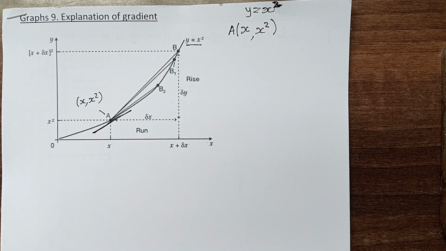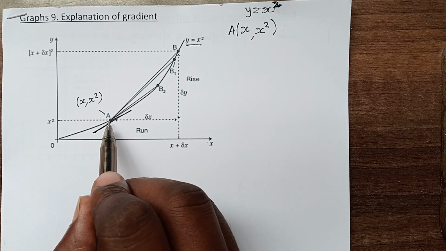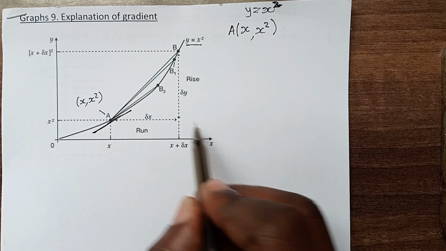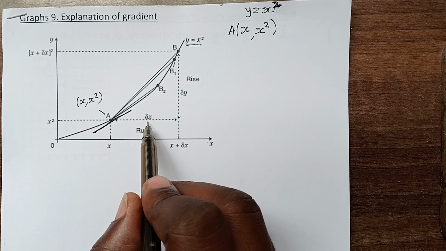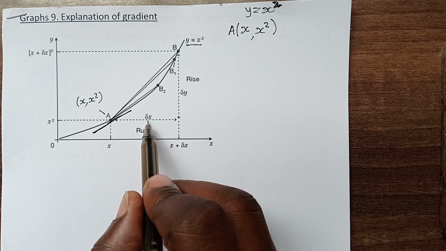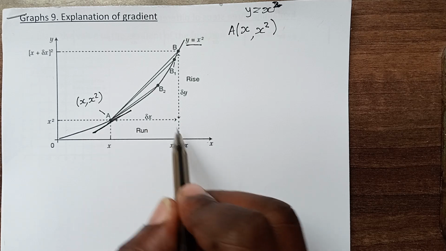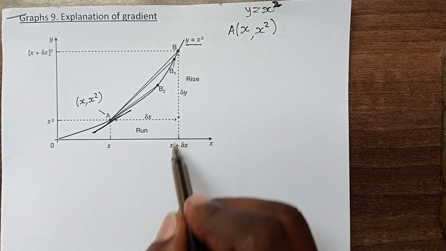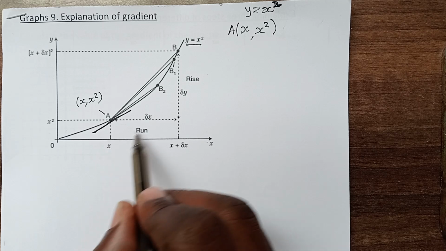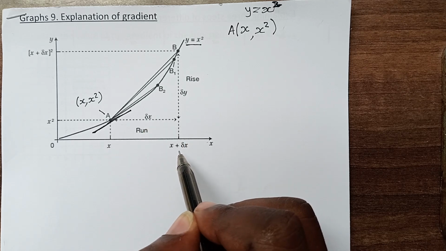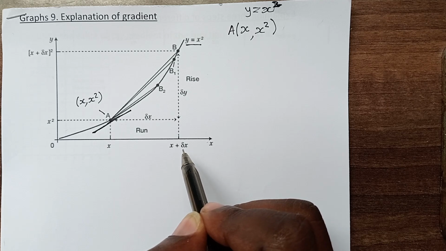What are the coordinates of point B? As you can see, from A moving horizontally to the right, we get a very small change. This one is called delta x, which is a very small change. And the x coordinate at point B is x plus this very small change, which is x plus delta x.